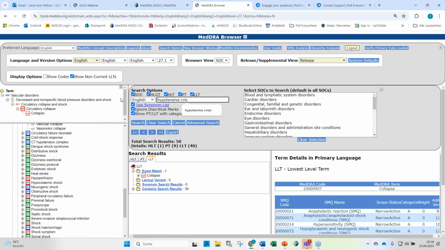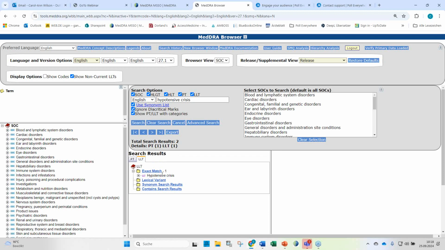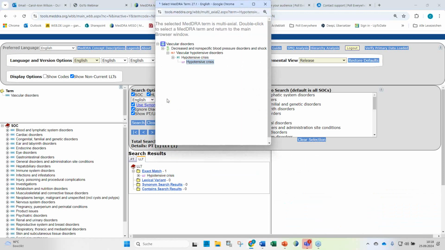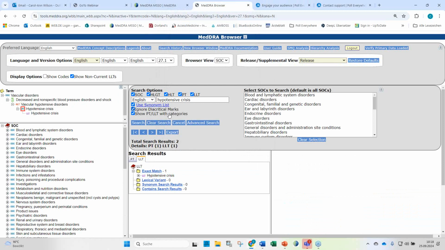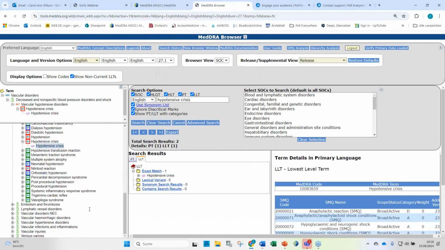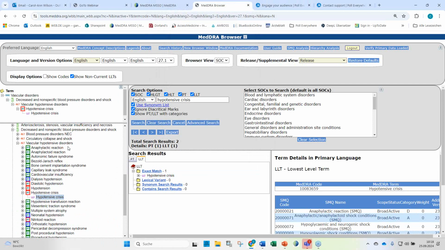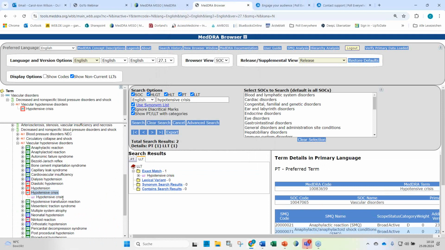Where do we find this? Here in search. Go to browser again. So it's grouped under SOC vascular disorders and under vascular hypotensive disorders, without any further LLTs underneath that would better indicate what is meant by this term.